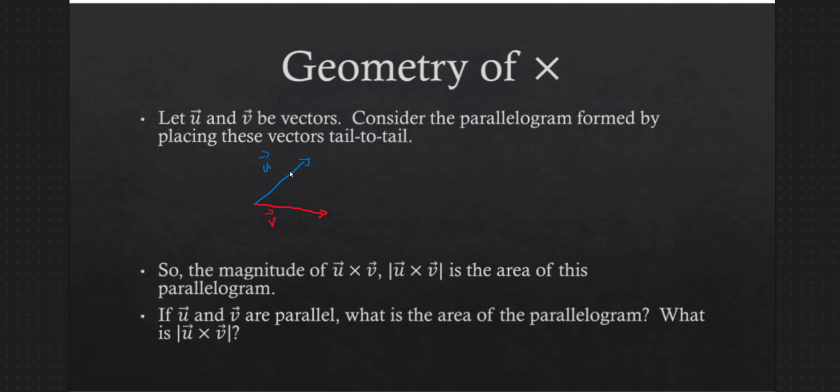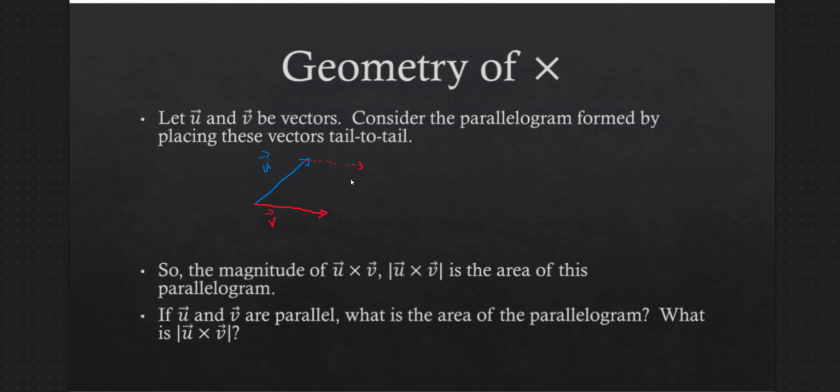Remember, point your fingers along u and curl them in the direction of v. So v is going down from u. You can move v up. The u is the lever arm, so I'll move v up. Think of v as the force. It's parallel to v, same magnitude, everything. I'm just moving it.